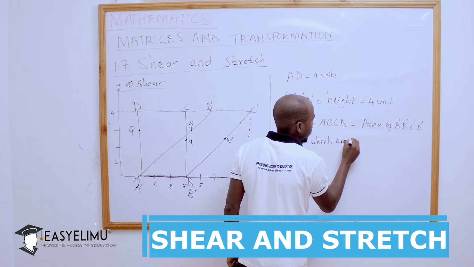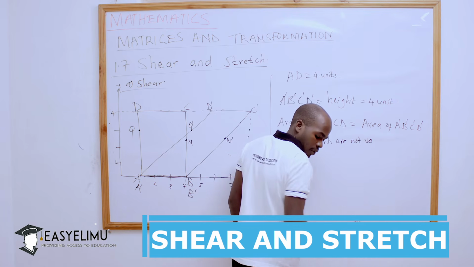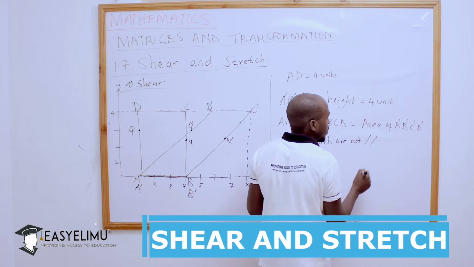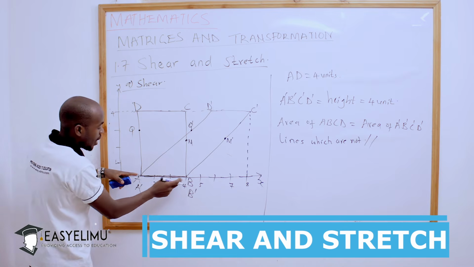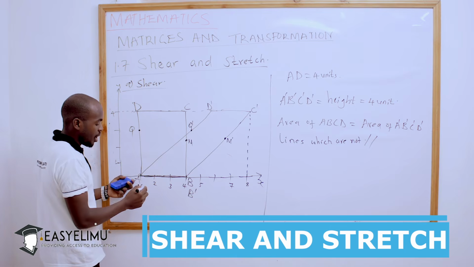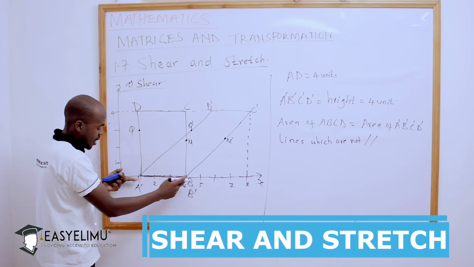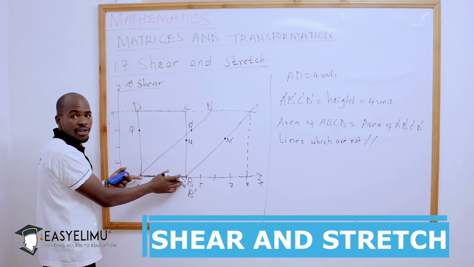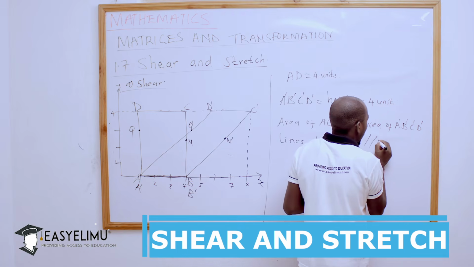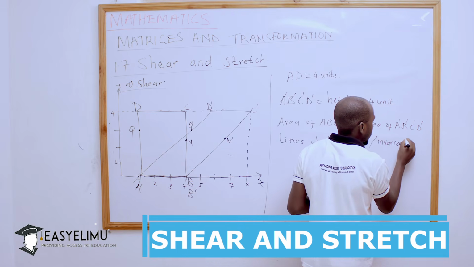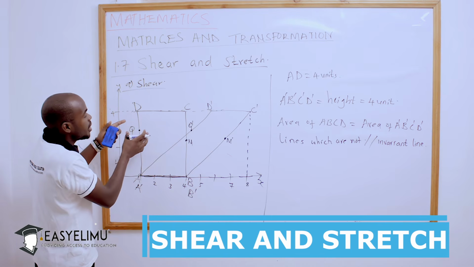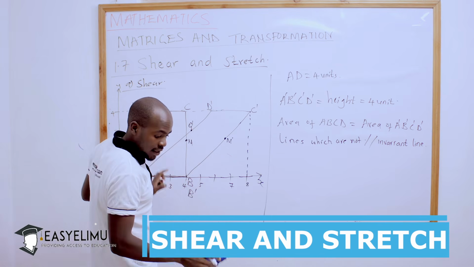So let me just say lines which are not parallel to our invariant line. Actually, line AB is invariant, because if you view it well, AB and A prime B prime are on the same line. So that is the invariant line. Lines which are not parallel to our invariant line intersect with the object's lines, as you can witness.